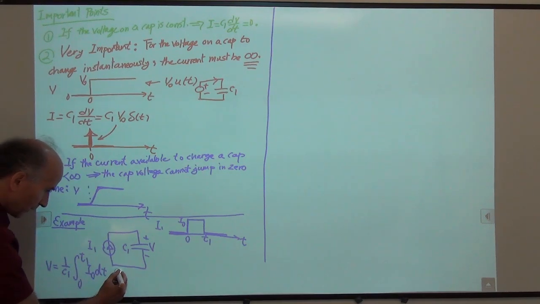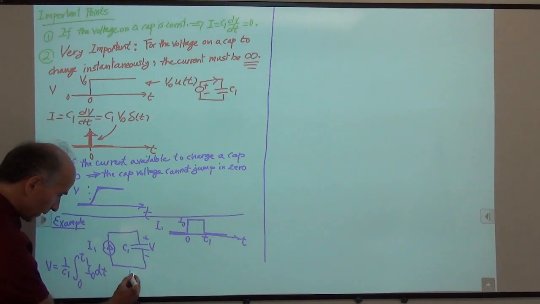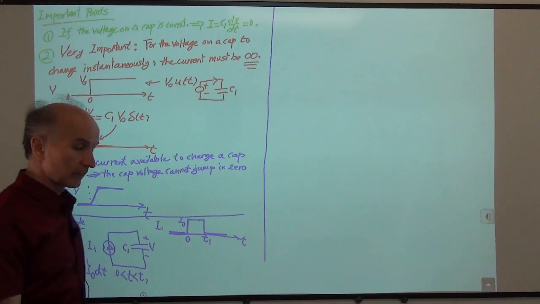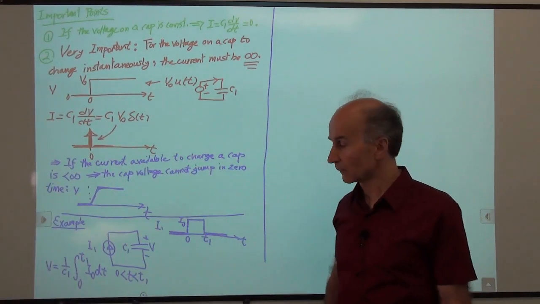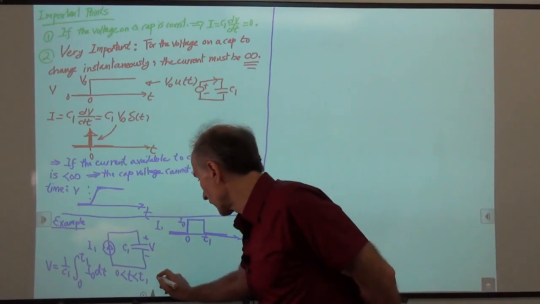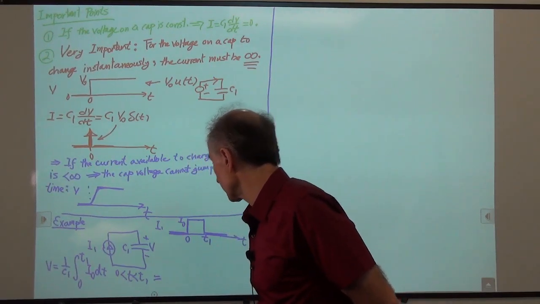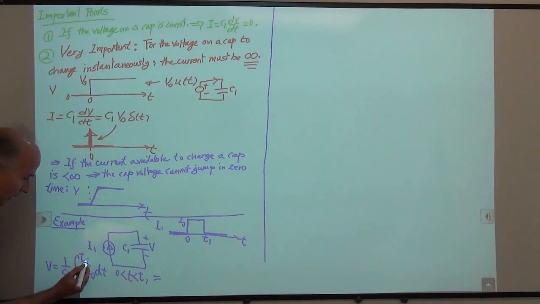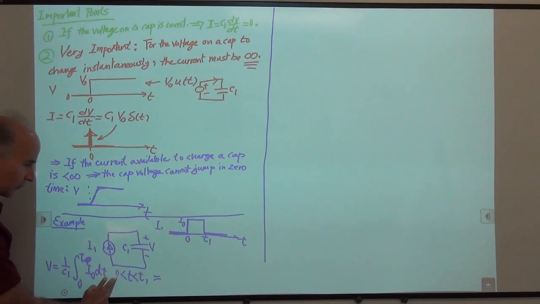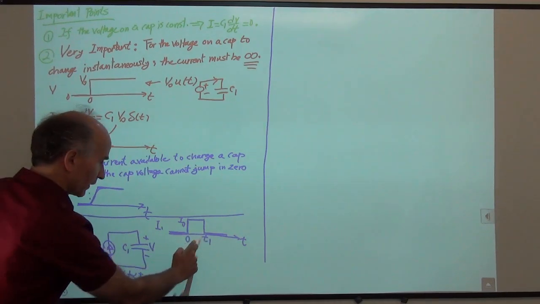This is true only for T between 0 and T1. Is that okay? All right, so then if I write that, sorry, actually this has to be T because I'm looking for a general situation, but this is true for 0 from here to here.